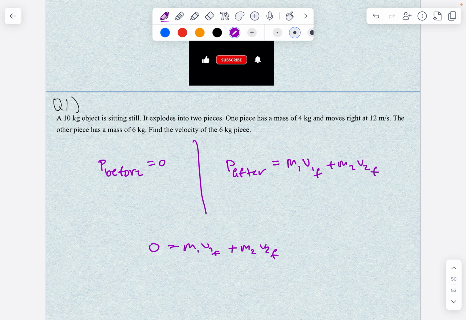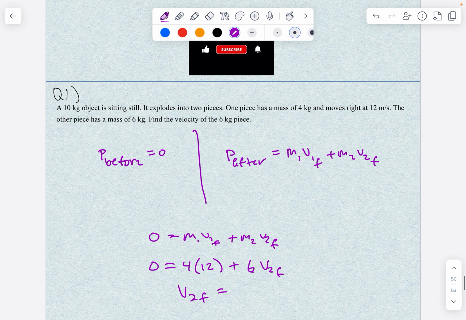So now if we plug in everything we have, this would be 0 is equal to 4 times 12 plus 6 times v2 final. Rearranging for v2 final, we get v2 final is equal to negative 8 meters per second.